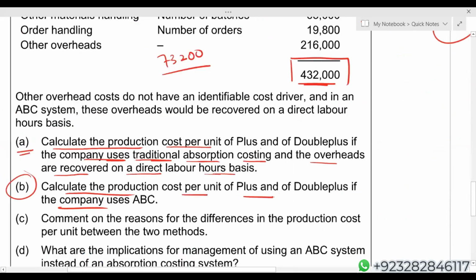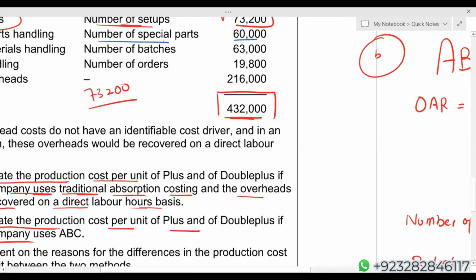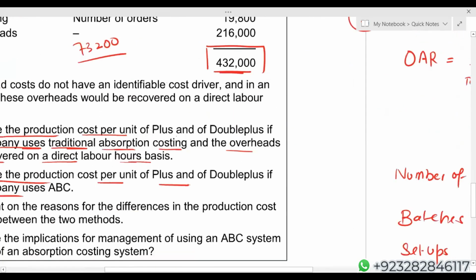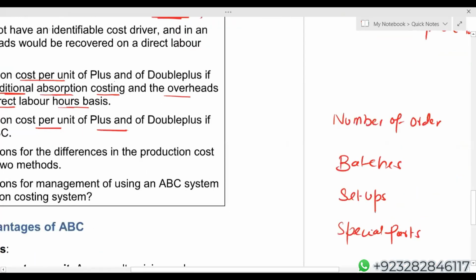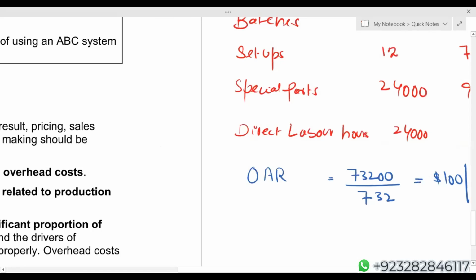Second is special parts handling. So 60,000 and the cost driver is the number of special parts. So simply 60,000 divided by the number of special parts. Let's calculate.